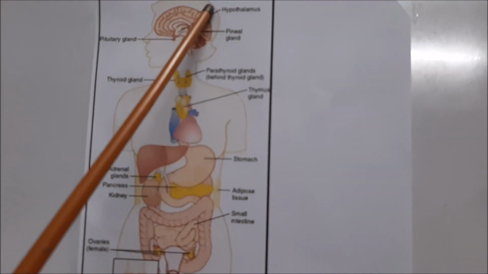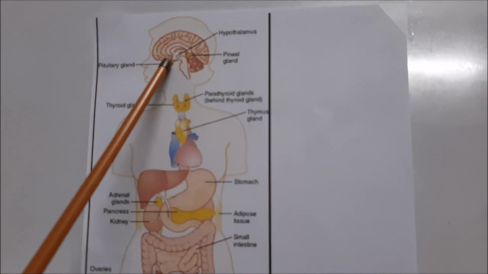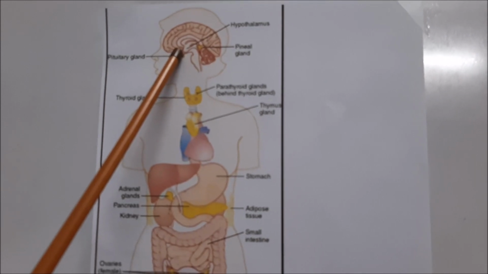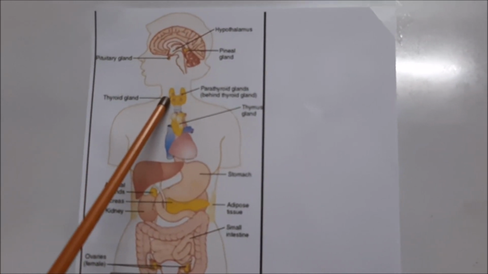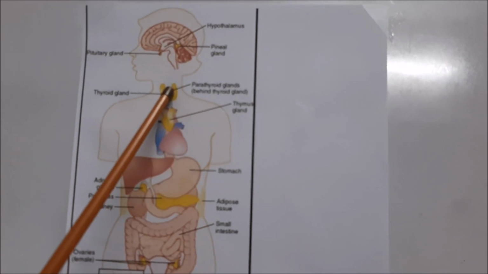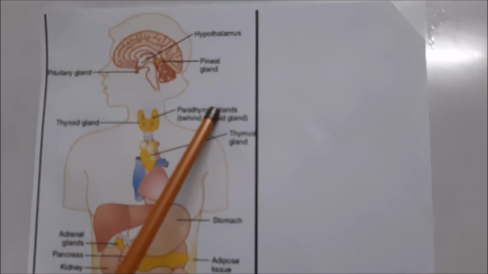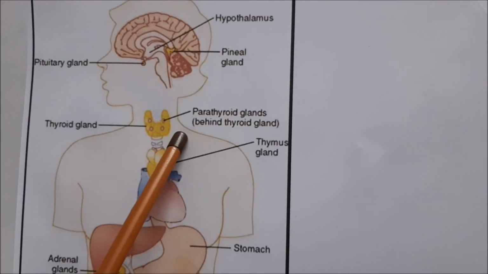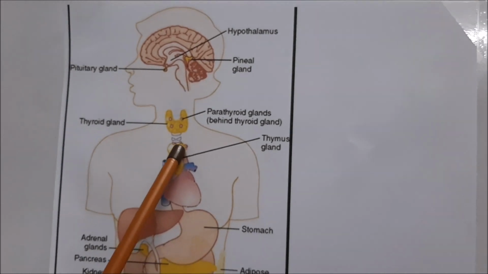Then the pituitary gland. Then the thyroid gland. Behind the thyroid gland are the parathyroid glands, 4 parathyroid glands. I am showing you mostly the endocrine glands now.